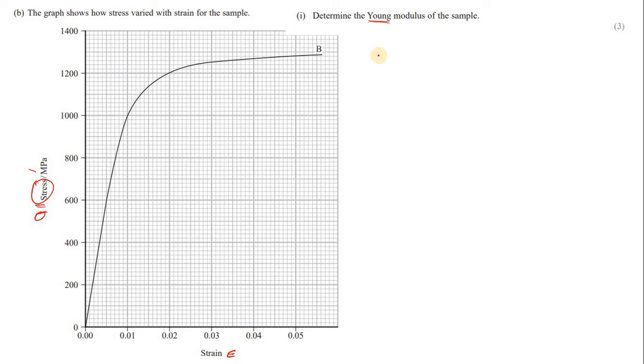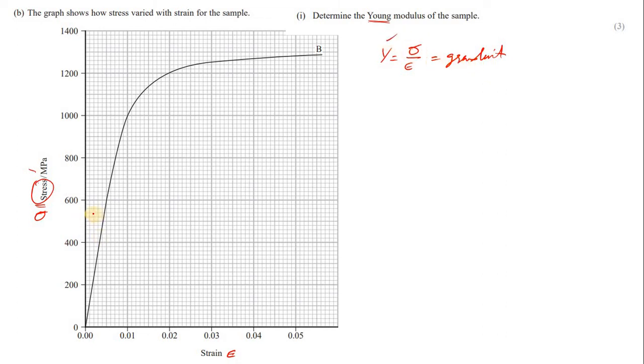So Young modulus is stress divided by strain, and in this case Young modulus Y is equal to the gradient of the linear section of the graph. So we need to choose a linear section of the graph, find the gradient, and that gradient will give us the Young modulus.